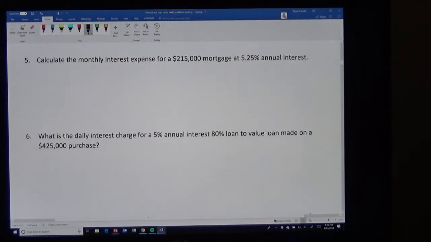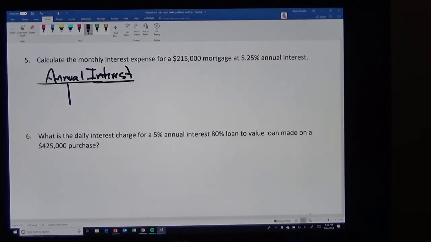Number 5 says, calculate the monthly interest expense for a $215,000 mortgage at 5.25% annual interest. So again, we've got annual interest over the loan amount and the interest rate. Well, they gave us the interest rate.